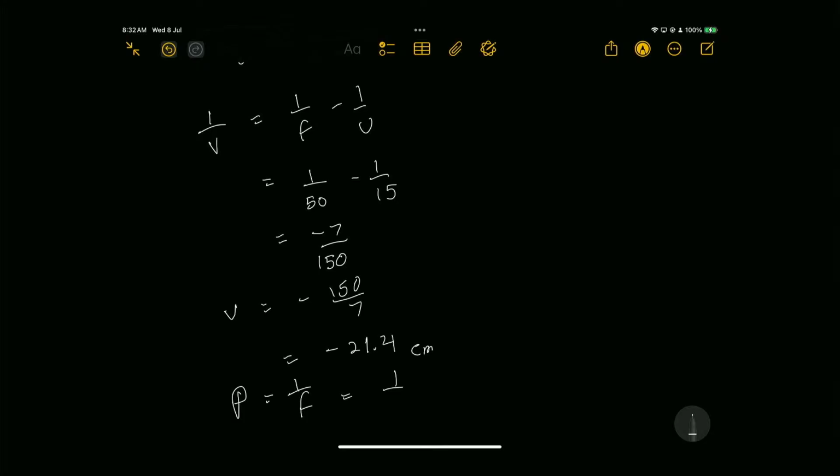Remember, for calculations with power, we need to make sure that the length is in meters. So we'll convert 50 to meters, so that would be 0.5. Therefore, this would be 2, and the unit would be diopters. So 2 diopters would be the power. We can only get power in diopters when the focal length is in meters.